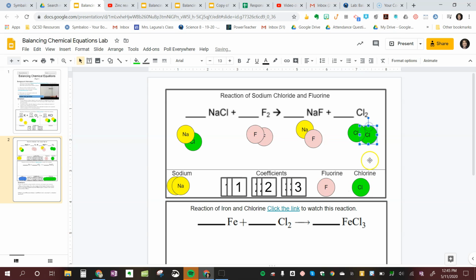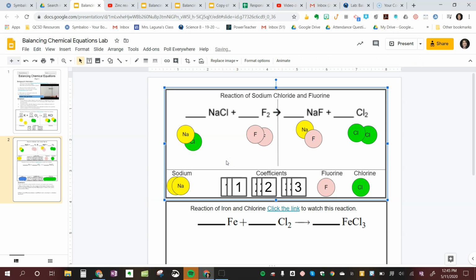All right, now, Angelina, do both sides match? It might help if I draw the line for you. You have to look on both sides of the line. No, they don't match, because the right has 1 more chlorine and 1 less fluorine.